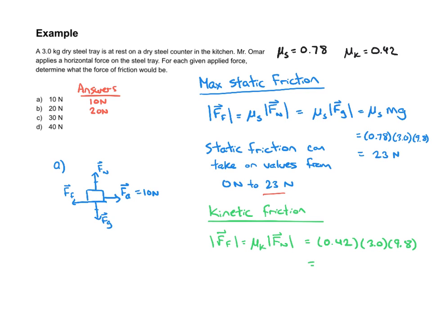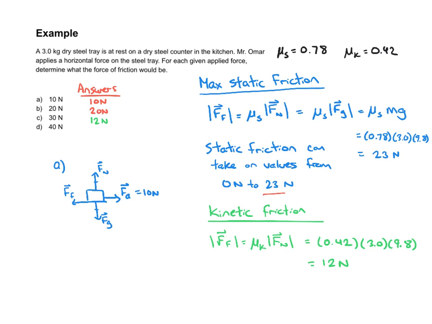And now I will calculate this out. So I'll get my calculator out. And that gives me 12 newtons when I round it to two significant figures. So when we overcome the static friction, the object moves, friction turns to kinetic, and the kinetic friction is going to be 12 newtons.